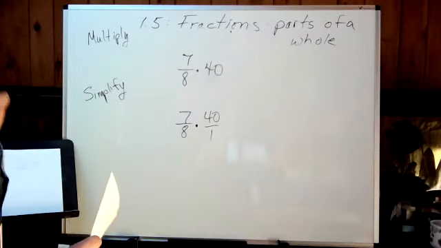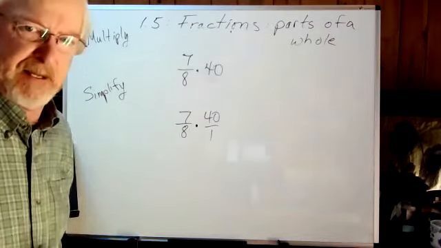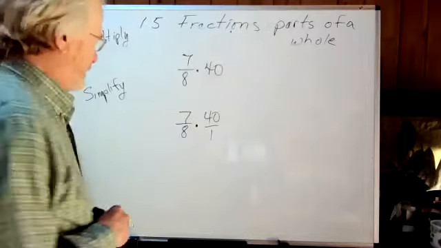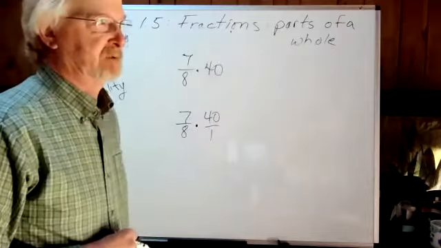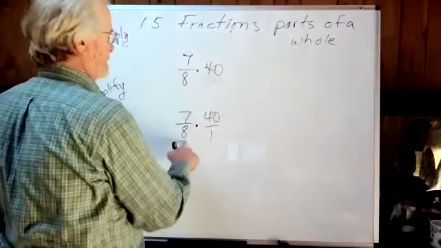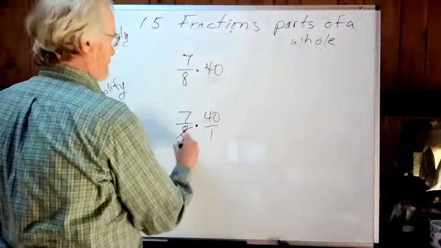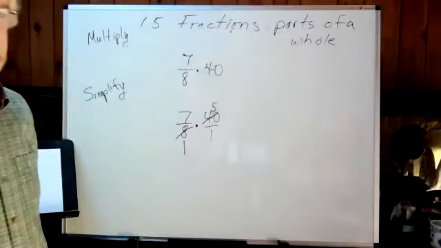Using up the time here. Okay, can I go ahead then? I recognize that 40 is divisible by 8. Do you see that? So if I divide both of these by 8, this turns into 1 and this turns into 5. 40 divided by 8 is 5.